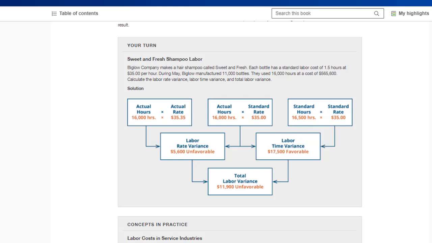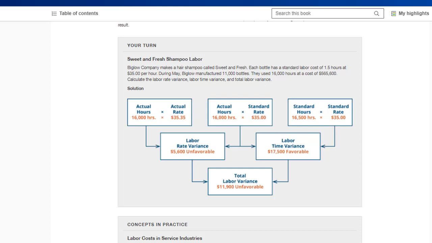$577,500. Then I would go to the upper left-hand corner and say, okay, I originally expected to spend $577,500. What did I end up actually spending?